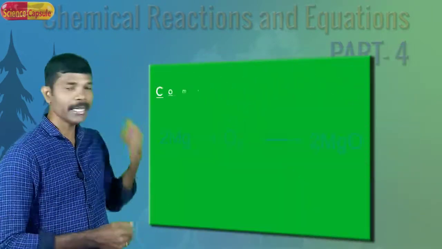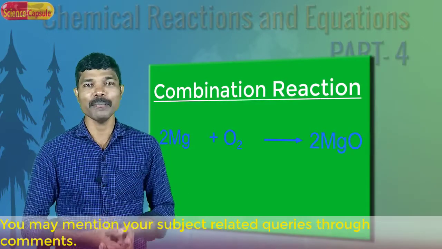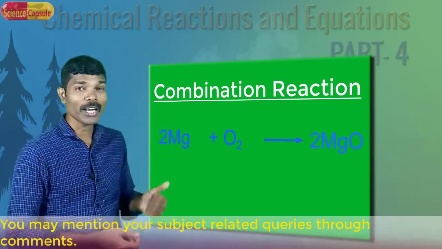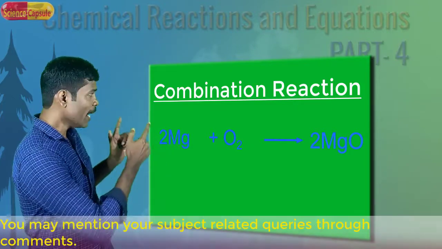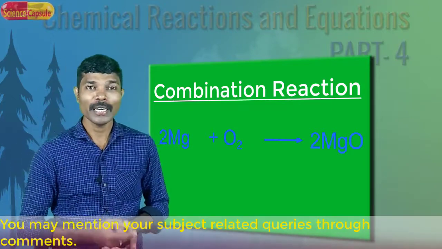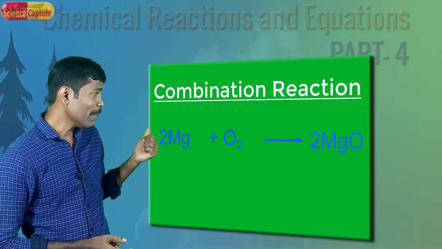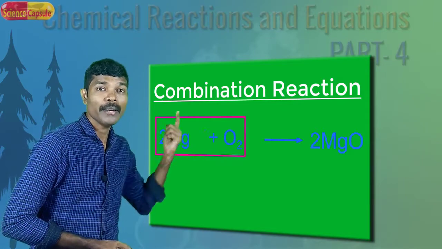Now look at the screen here. In the last episode also we did an activity: burning of a magnesium ribbon. Here magnesium and oxygen are the two simple reactant species. When they undergo a chemical reaction, a single product is formed, magnesium oxide. So in the chemical equation you can see that two reactants form one product.